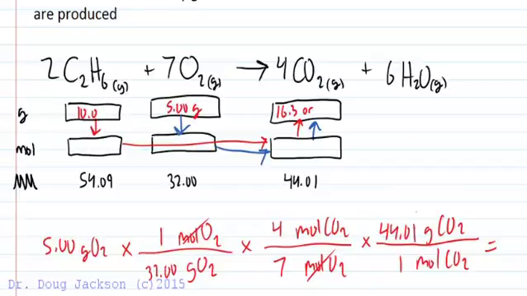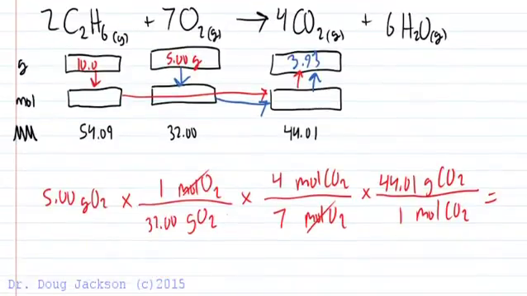So now we want to multiply everything out into 3 significant figures. We have 3.93. And because 3.93 is less than 16.3, the 3.93 is the theoretical yield for CO2.